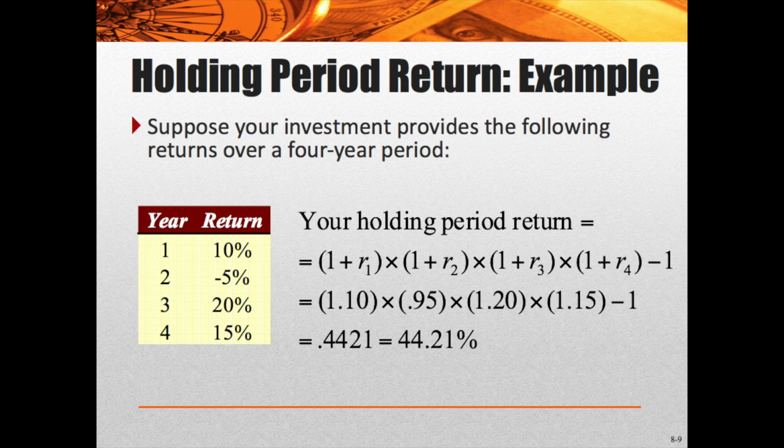In fact, let's go to the holding period return example. We have a return here. Here's our 4-year period, year 1, 2, 3, and 4. The year 1 return is 10% positive, year 2 is 5% negative, year 3 is 20% positive, year 4 is 15% positive. And for our holding period return, you can see now why we add the 1, because the negative would make the entire return negative when we multiplied it out, and of course we don't want that.